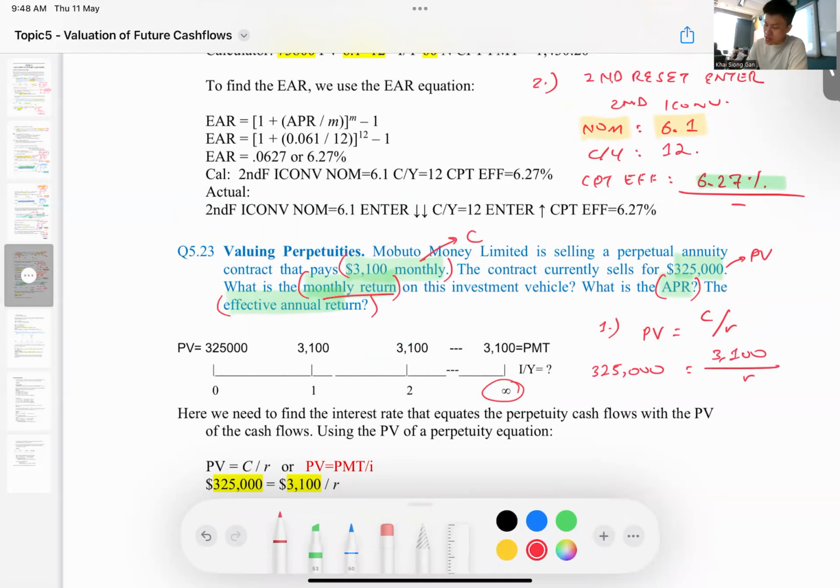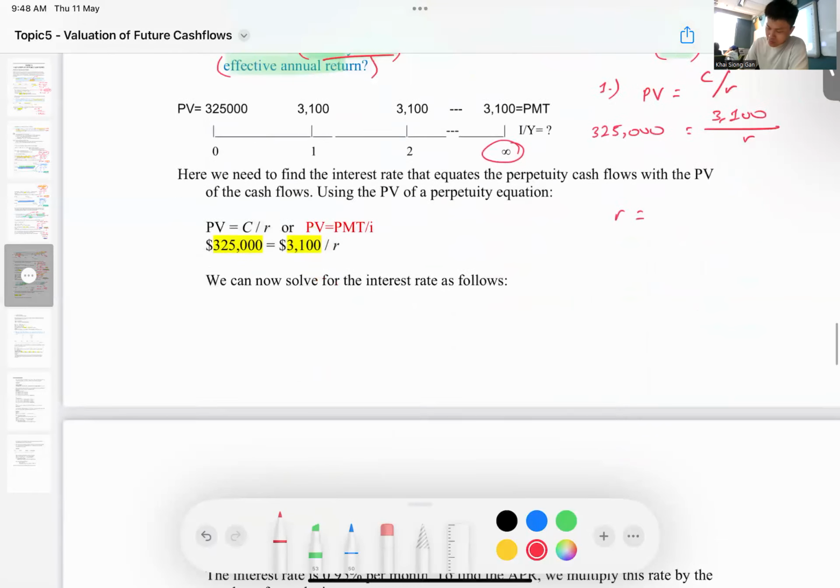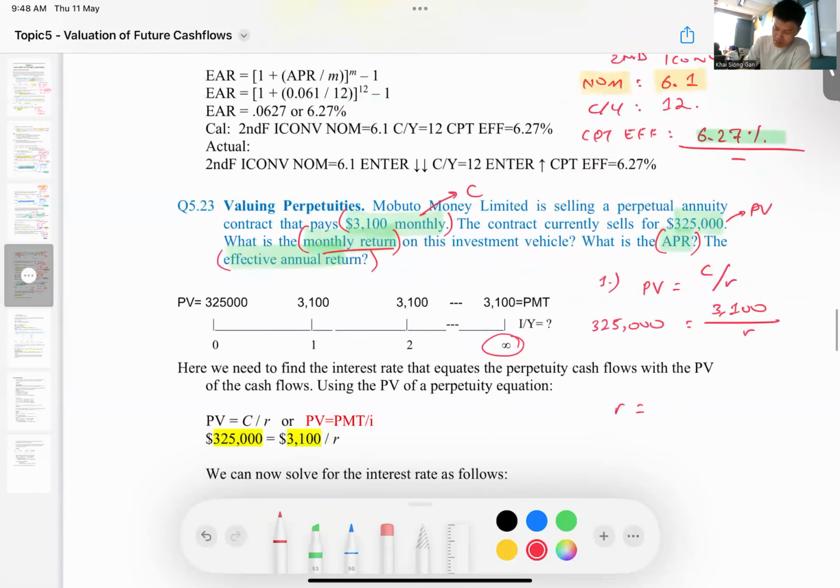Okay, monthly return. So I move around, calculate using calculator. If you key into your calculator, you will get 3,001 divided by 325,000. 0.0095.